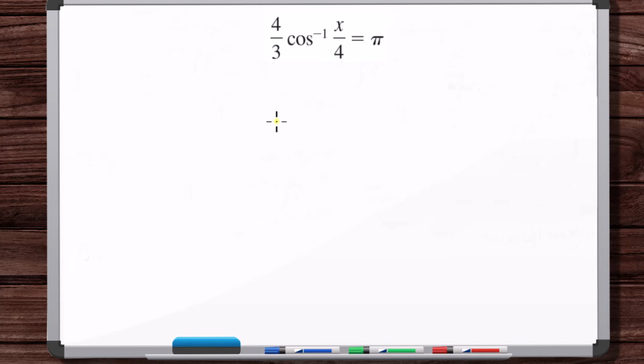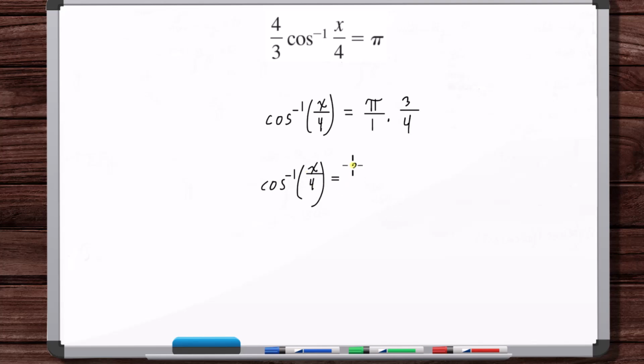Okay, here let's start off by dividing both sides by 4/3, and so we're going to have pi over 1 times 3 over 4. So you've got 3 pi over 4.